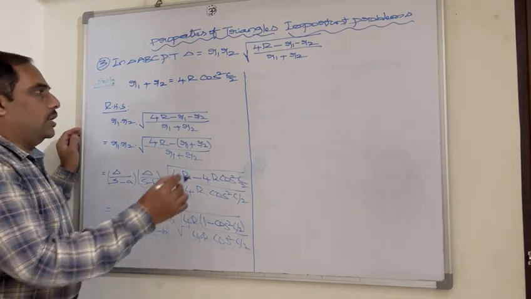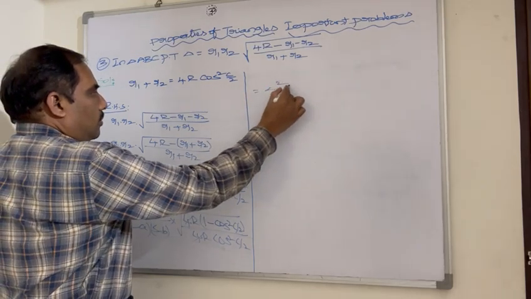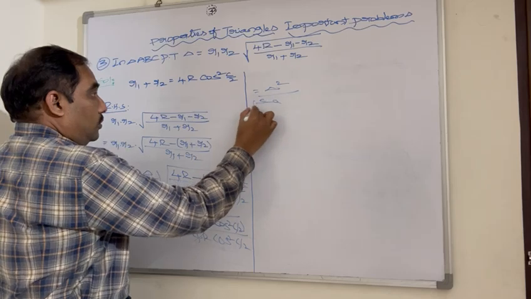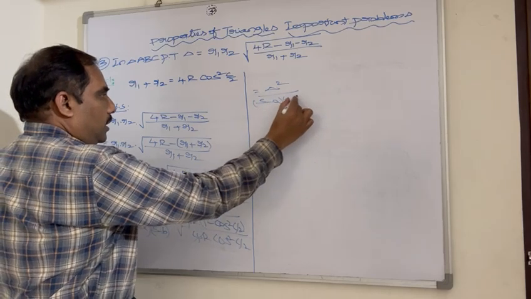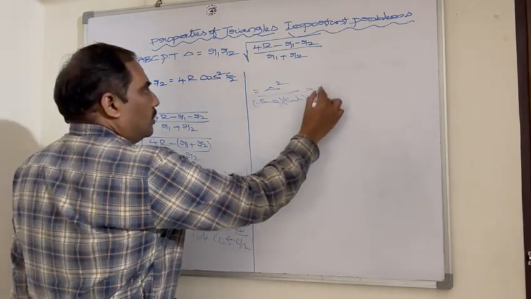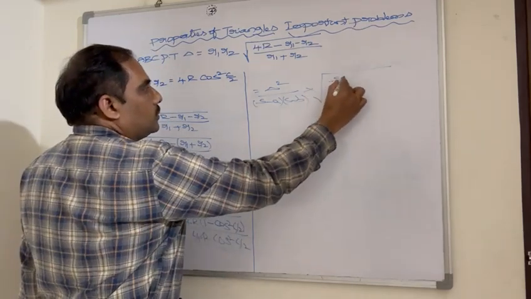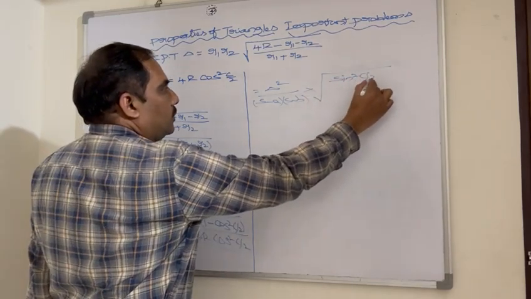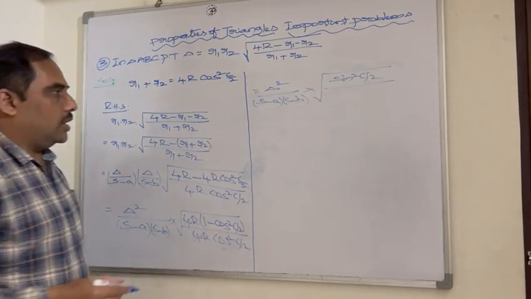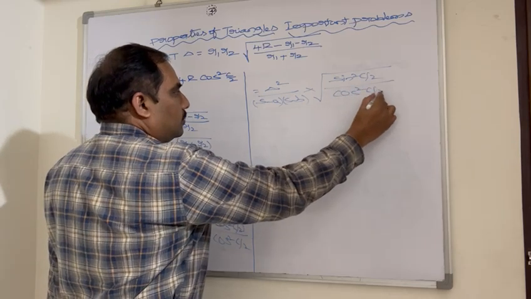We have delta square by S into (S minus A) into (S minus B) into root over 1 minus cos square C by 2, which is sin square C by 2, whole divided by cos square C by 2 in the denominator.